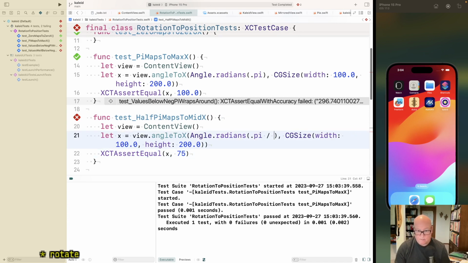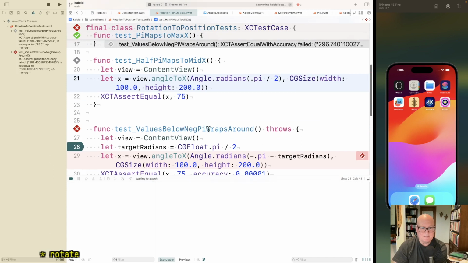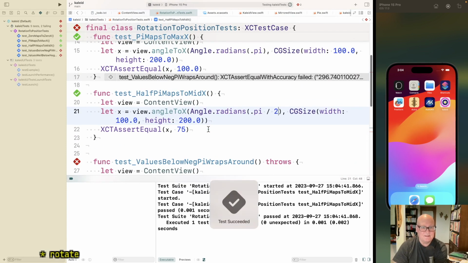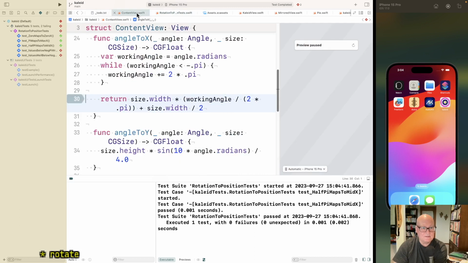This should be pi divided by 2. All right. So 0 corresponds to the center. Pi over 2, or 90 degrees, corresponds to 3/4 the way across. And then pi, 180 degrees, corresponds to all the way across. Okay. You know, I don't see how this one passes, because it's sort of like the test we just did over here. It does pass.